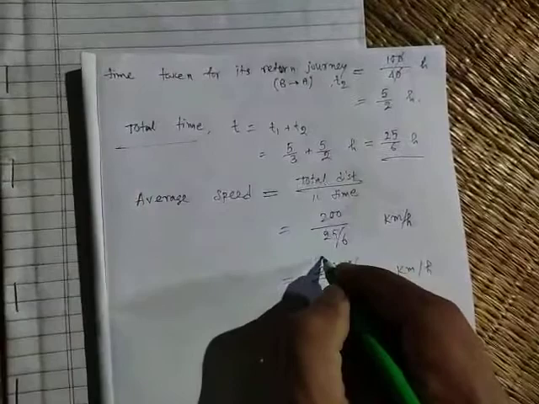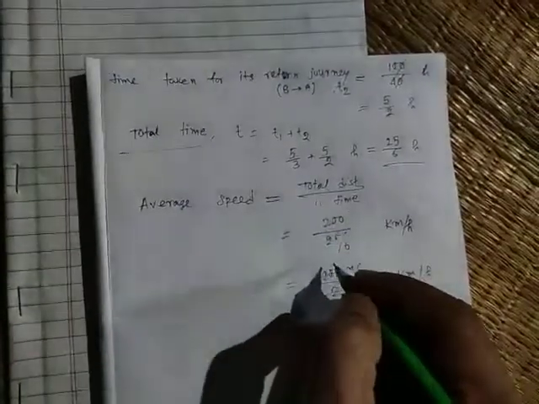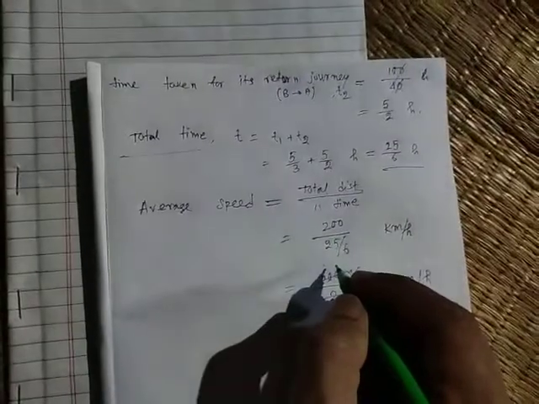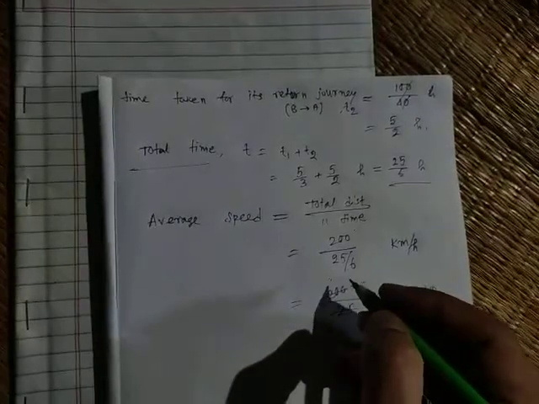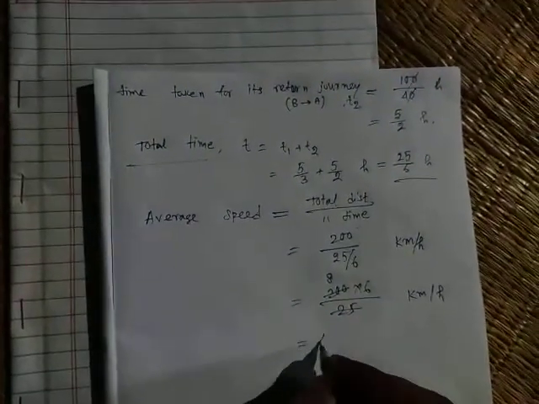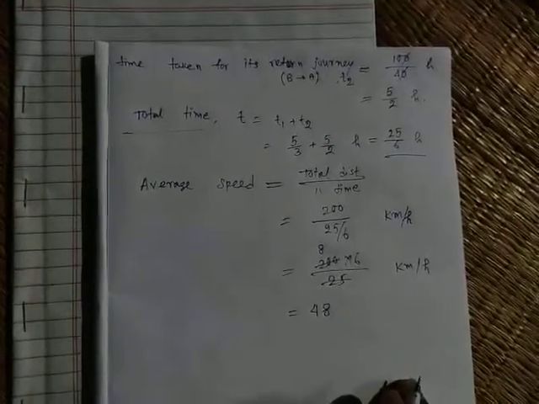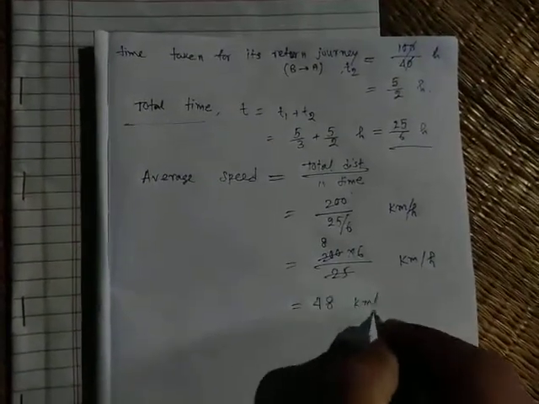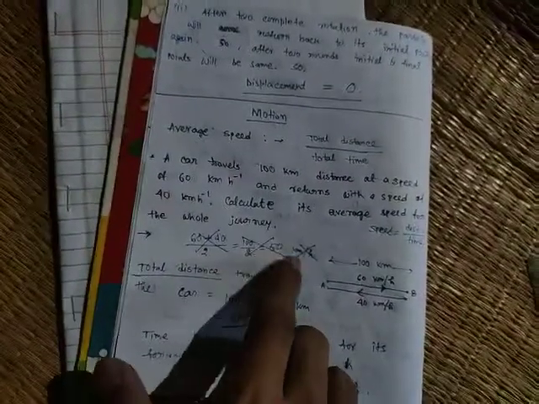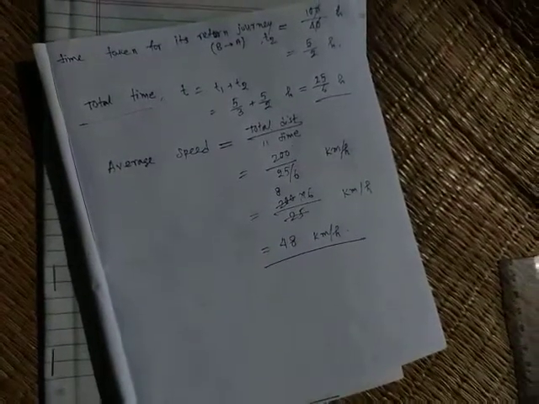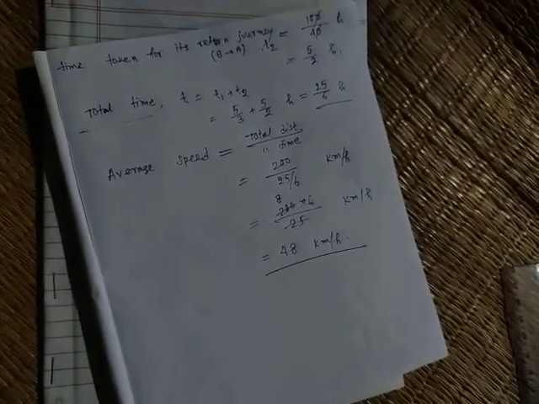So 25 cut, 8, right? 4. 8. 48 km per hour. So see, if you just add them and divide by 2, then you will get 50 km per hour. But the average speed is actually 48 km per hour. Average speed is 48 km per hour. Okay.